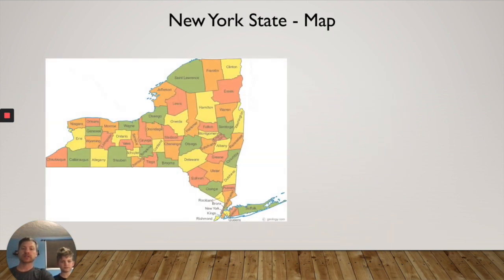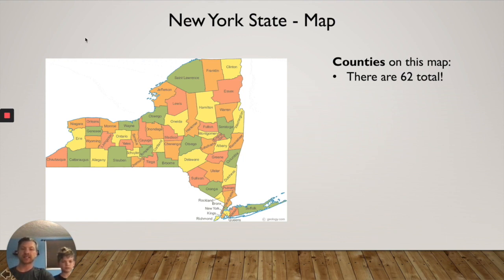Here is New York State. Andre, what do you notice? Those are counties now. They are counties. It's getting smaller. That's right. So just like a continent is broken up into countries and our country is broken up into states, our state is broken up into counties. For example, there are 62 total counties.